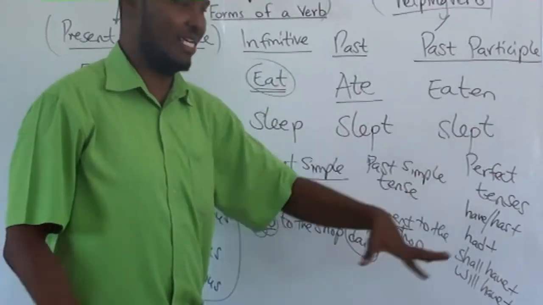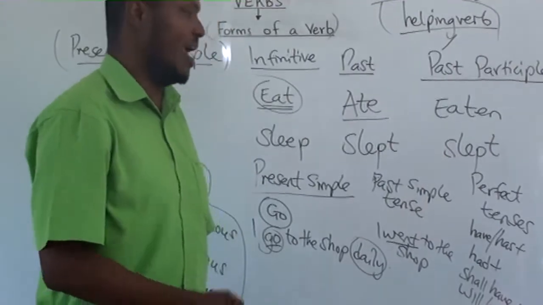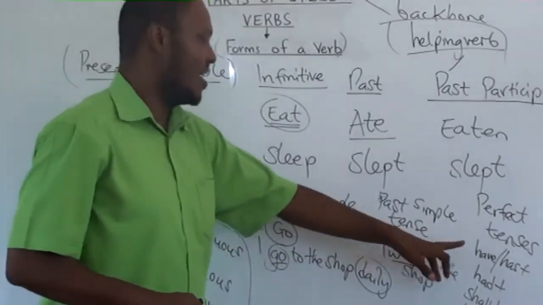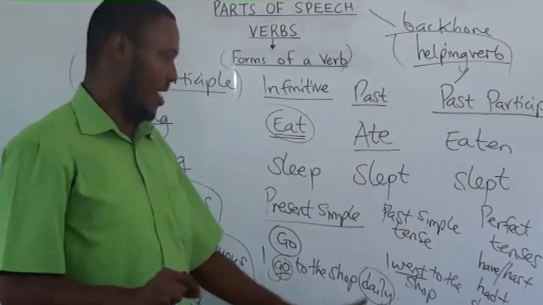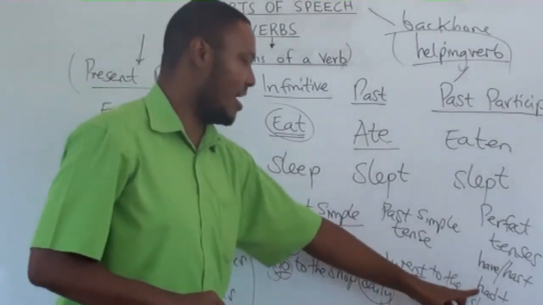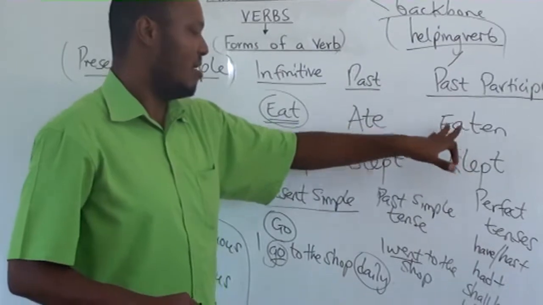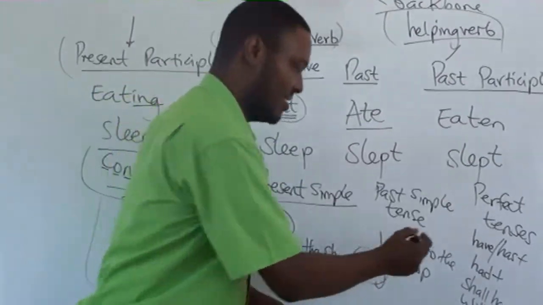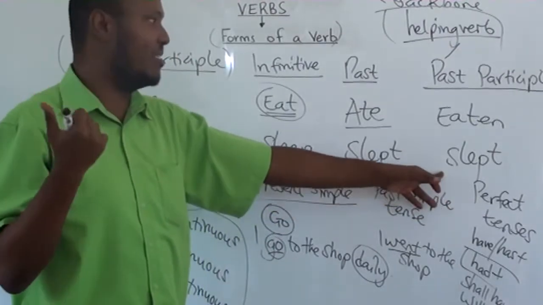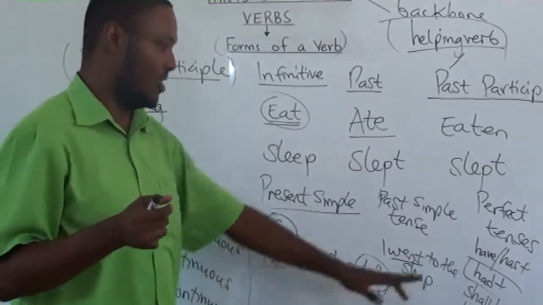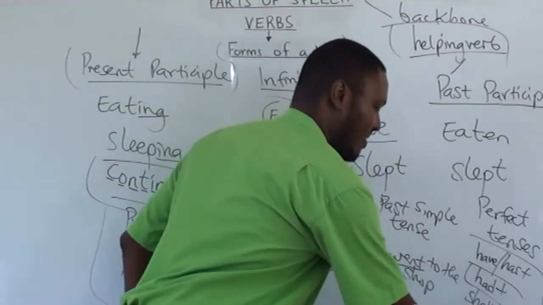He will have eaten in the future perfect tense. It will be wrong to say he eaten. It's wrong to say he slept to mean the past perfect. So there is something called the helping verb that is used.